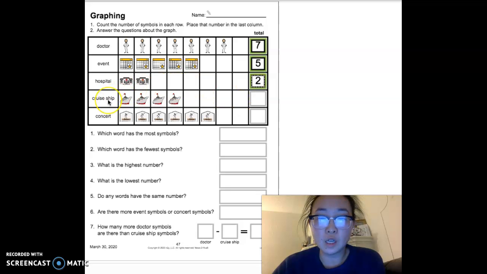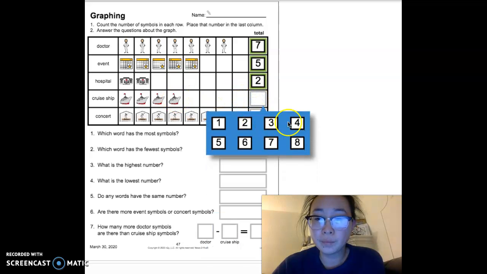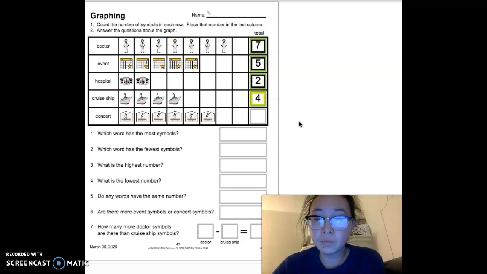The next word is cruise ship. Cruise ship has 1, 2, 3, 4. And the last word is concert. Concert has 1, 2, 3, 4, 5, 6.